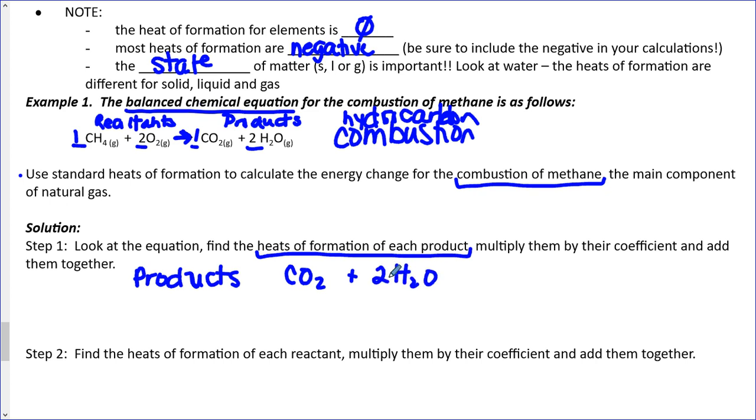I'm going to put my balancing in as well because it is important. Those coefficients are important for that n value. Remember that n we said is number of moles, so you get that from your balanced equation. I'm also going to put the states because as we mentioned, that is important.